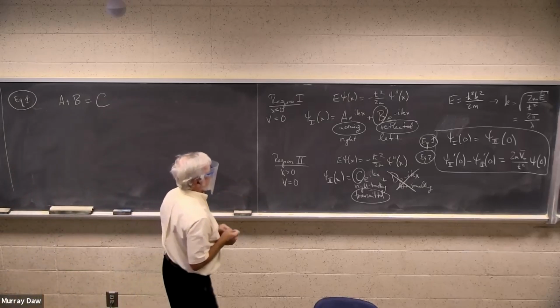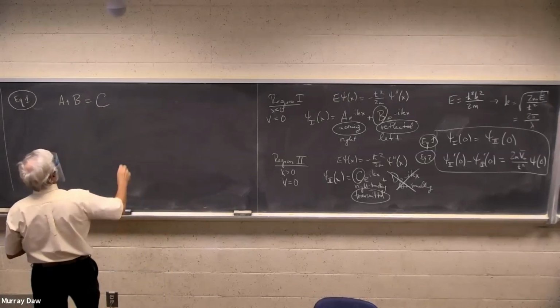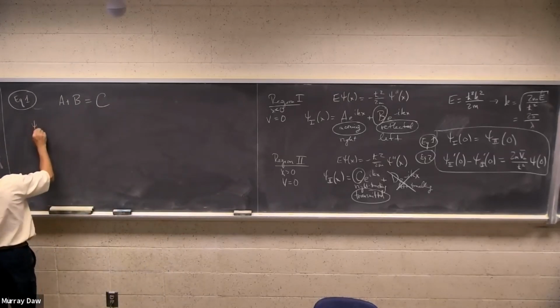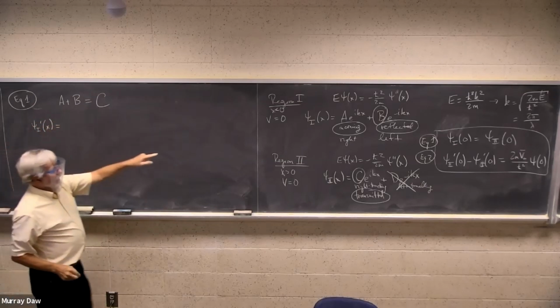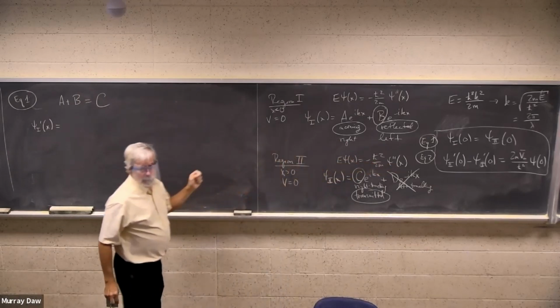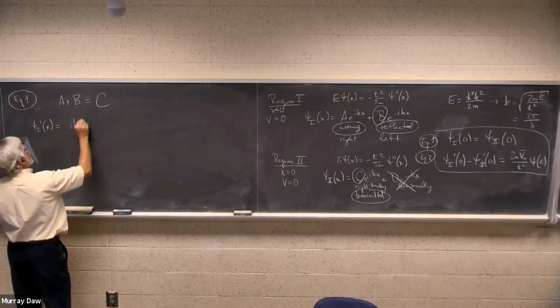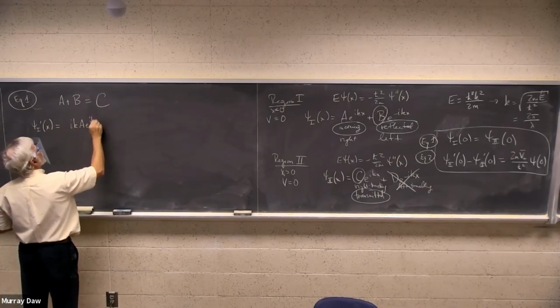All right, now let's look at that second one. We got to take derivatives. So to get equation 2, take the derivative of this, and then we need to evaluate that at x equals 0. Okay, so let's look at the derivative. IKA to the IKX. What is the next term?